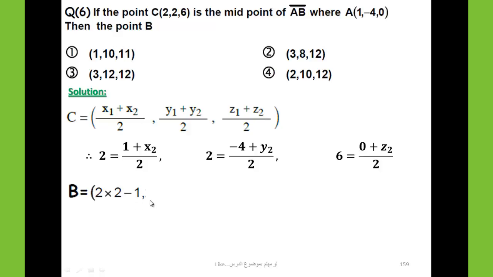So the first coordinate x2 equals 2 multiplied by 2 minus 1, y2 equals 2 multiplied by 2 plus 4, and z2 is 2 multiplied by 6 minus 0. So the coordinates of the point B are 3, 8, and 12. 2 times 2 minus 1 is 3. 2 times 2 plus 4 is 8. 2 times 6 minus 0 is 12.